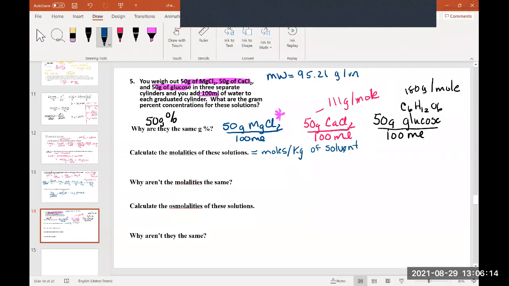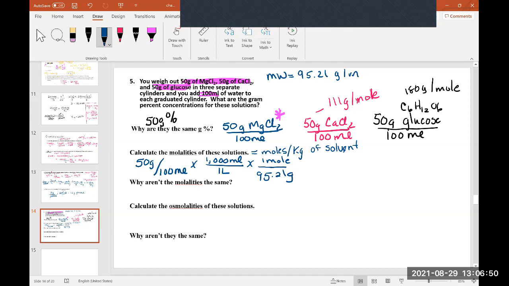So I have 50 grams for every 100 milliliters. There are 1,000 milliliters for every liter. Thank you, King Henry Slider. And then for every 95.21 grams of magnesium chloride, that's 1 mole. So I'm setting up my problem in one long stretch.